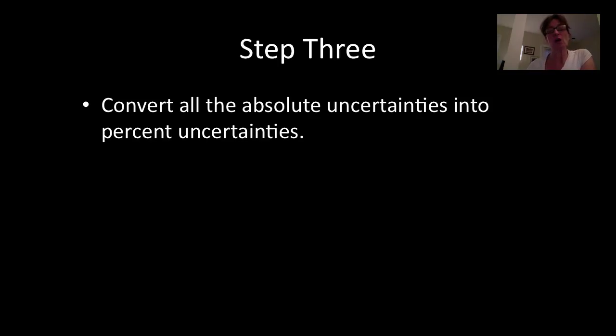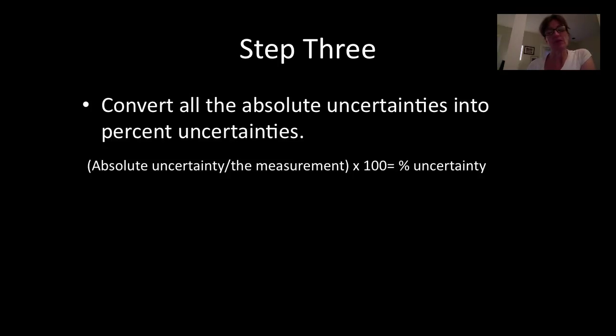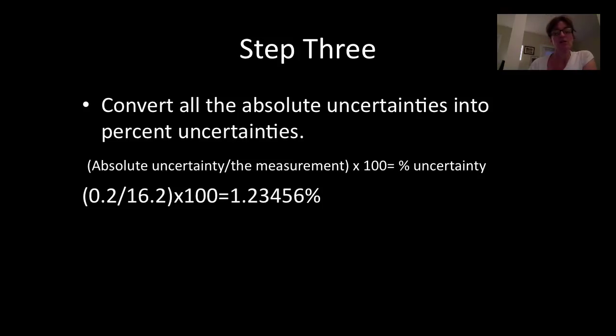Step 3. Now I'm going to deal with the uncertainties. I'm going to convert all of my absolute uncertainties into percent uncertainties. The way I'm going to do that is I'm going to take the absolute uncertainty and divide it by the measurement. Then I'm going to multiply that times 100 and I will end up with a percent uncertainty. So the first uncertainty is 0.2.